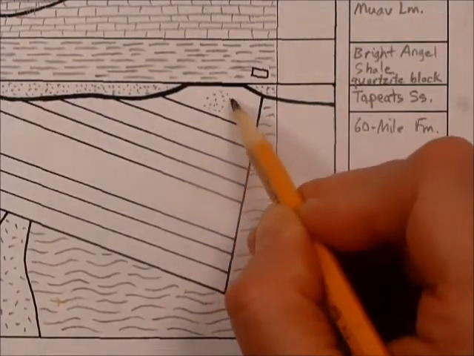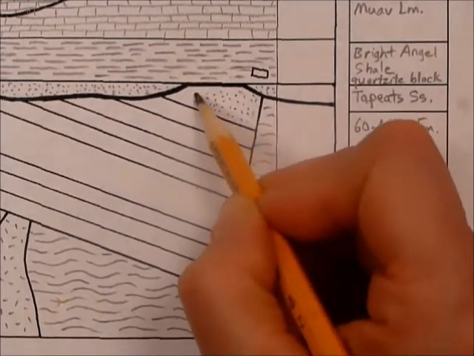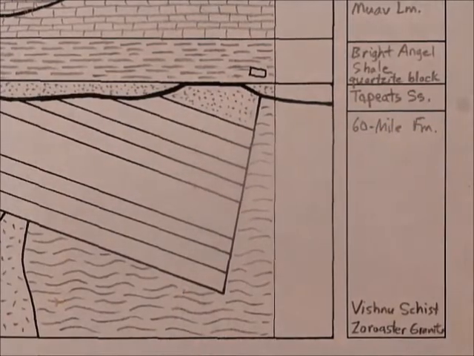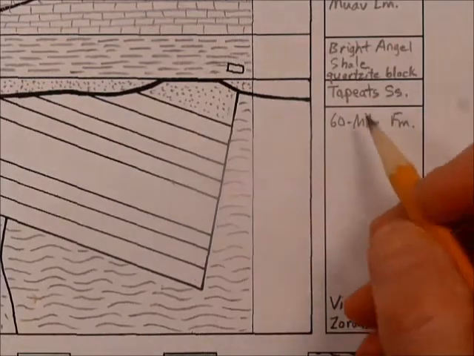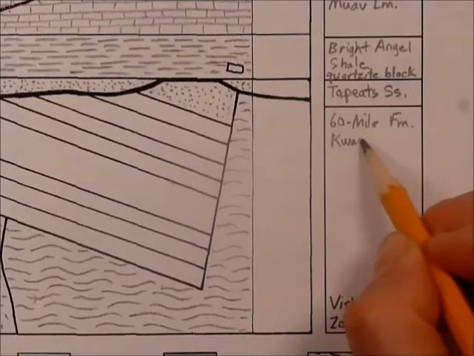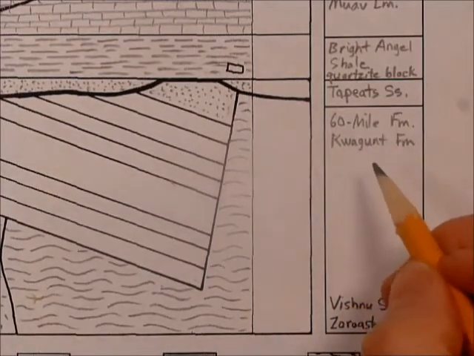This is mainly sandstone. Kind of one of the thicker layers. Then we have some more difficult words. We have the Kwagunt, K-W-A-G-U-N-T formation.